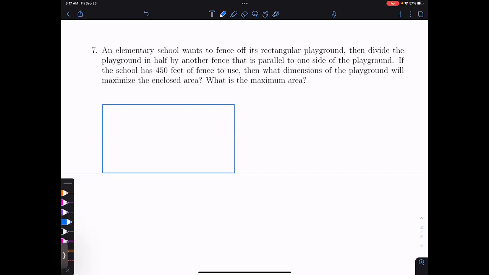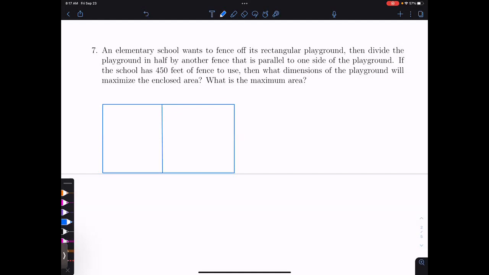Does it matter if I draw the picture that way or this way instead? It does not, because we're not really trusting the picture.